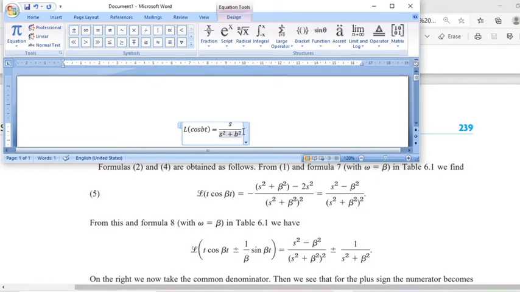So what is the derivative of L of cos beta t?